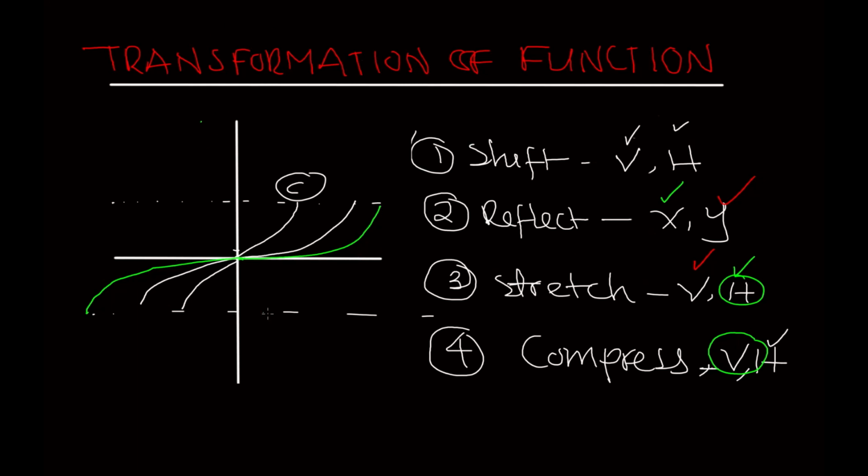When you are transforming a graph, you can do it in different ways, but the acceptable or easier format to follow is this. The first is you apply the horizontal shift.